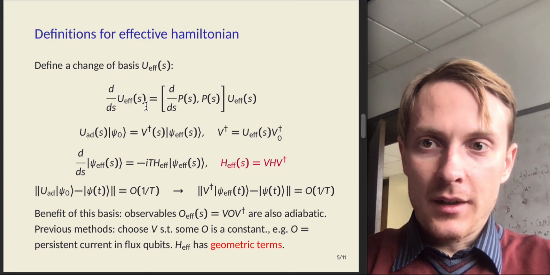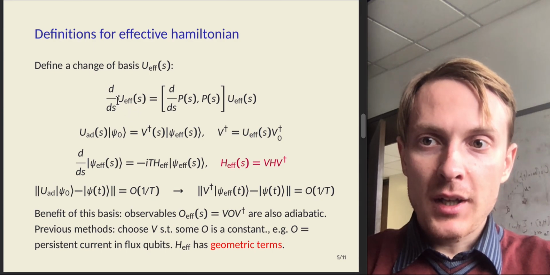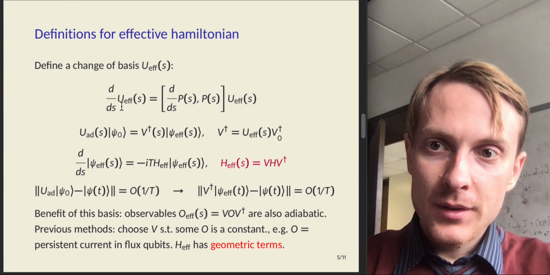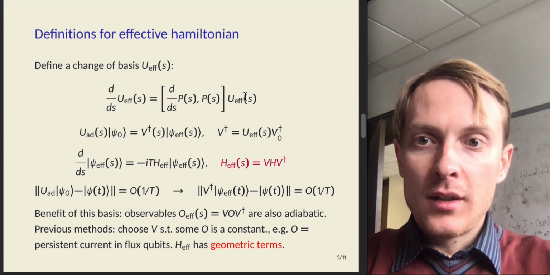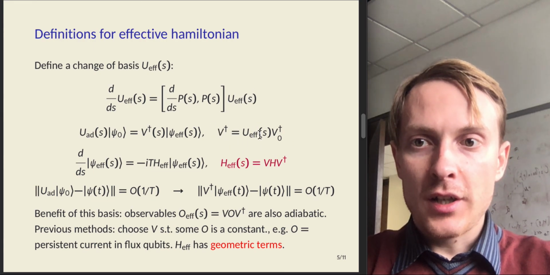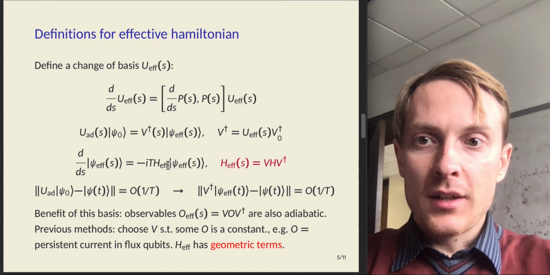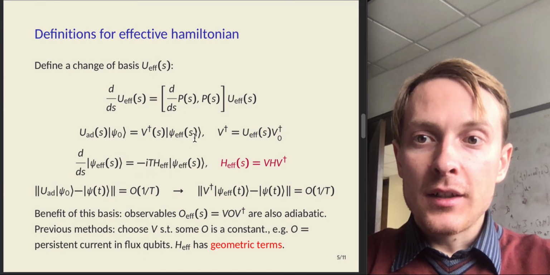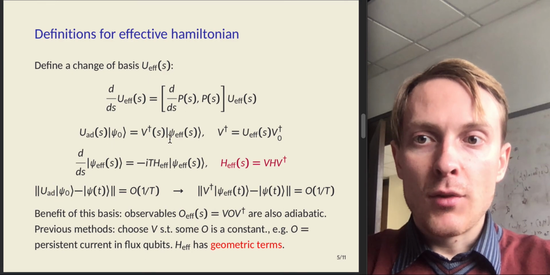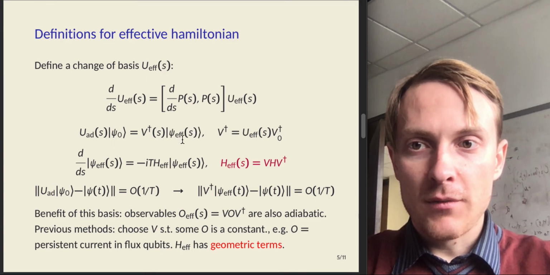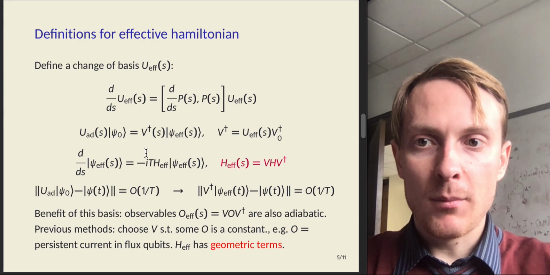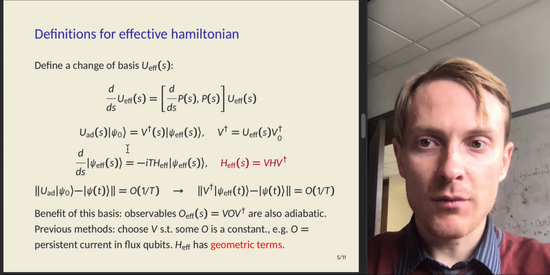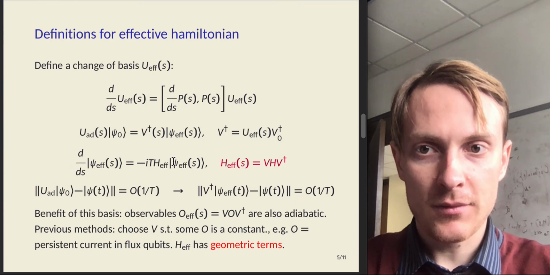The preferred way is given by the unitary U effective, and the time evolution of this unitary is given by this equation. And U effective evolves the original isometry in such a way that there is a small dimension vector, psi effective, which is exactly what we wanted in our problem of finding the effective Hamiltonian, whose evolution is given by the Schrödinger equation with the effective Hamiltonian.